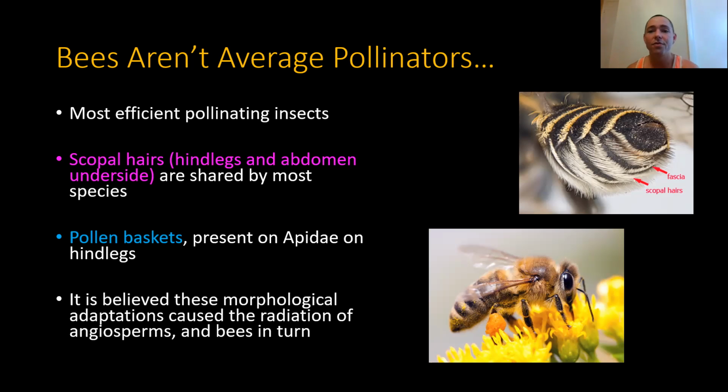So these special scopal hairs, which are present across most bees, and pollen baskets, which are restricted to a small number of bees but are especially good at carrying pollen, are believed to have been special morphological adaptations that helped to cause the expansive radiation of flowering plants, which in turn caused further proliferation in Apoidea, the bees. So there's a bit of a positive feedback loop between the speciation of bees and flowering plants.